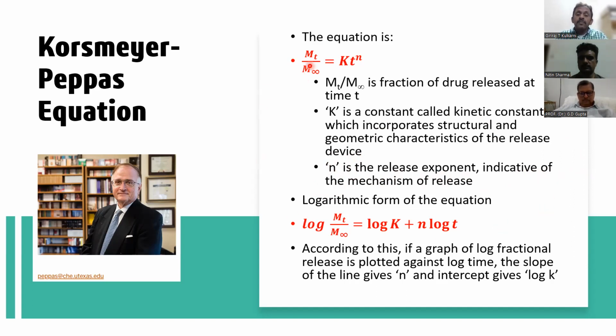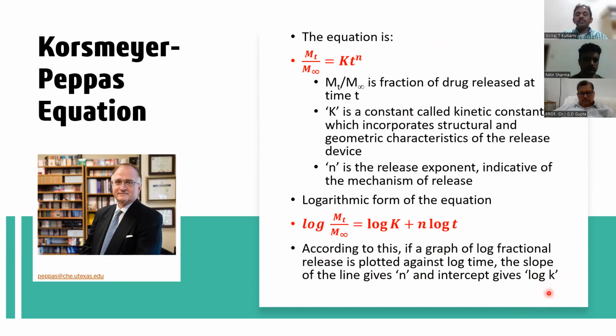The logarithmic form of the Mt by M infinity equation is log Mt by M infinity is equal to log k plus n log t. So according to this, if we plot a graph of log fractional release against log time, that is a log-log plot, log percentage release against log time, then the slope of the line is equal to n, and the intercept will give you log k.